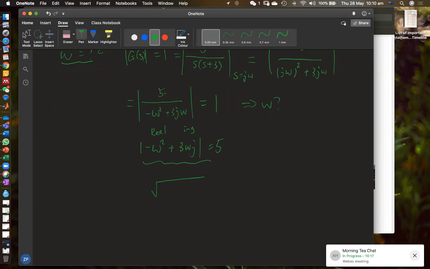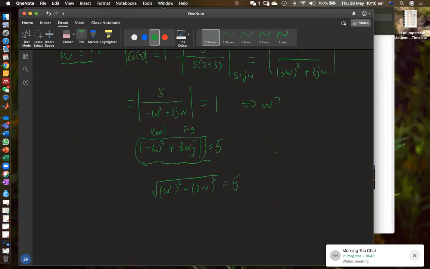Well, 5 is a real number, so its magnitude is 5. This is an imaginary number, so you have to find the size of it. To calculate that, it is the real part squared plus the imaginary part squared, and this is equal to 5.